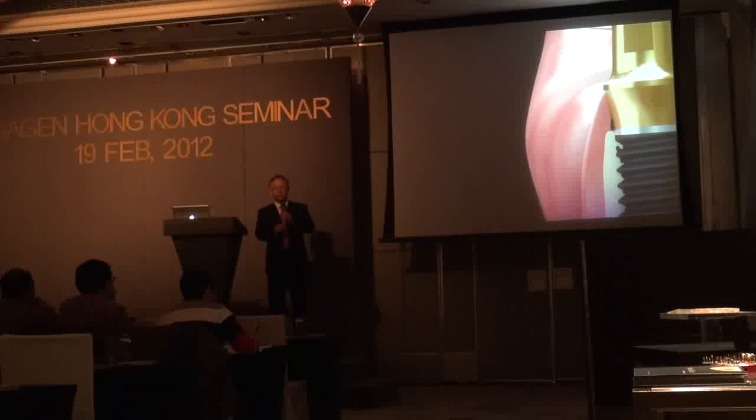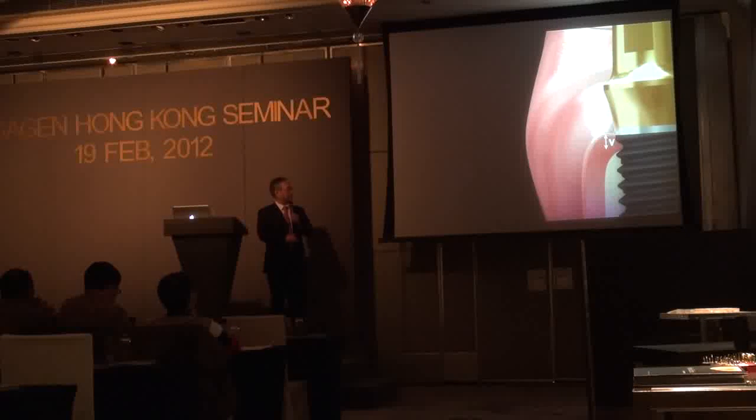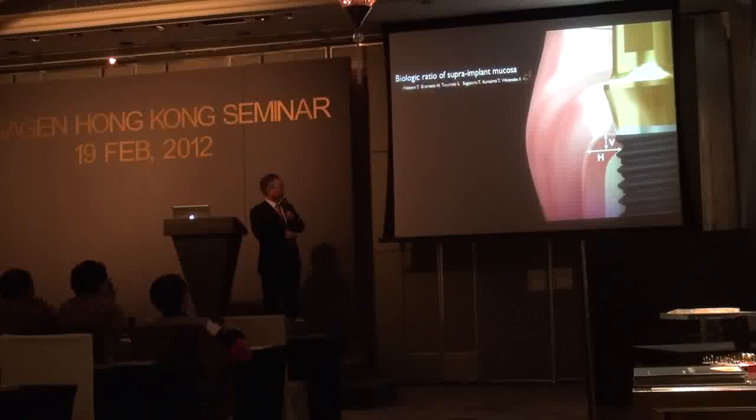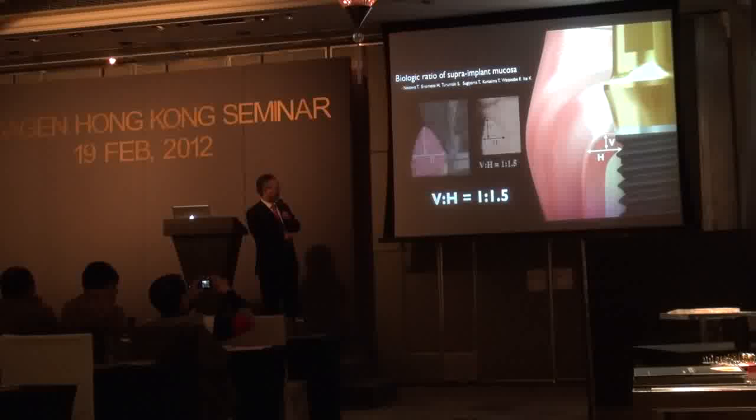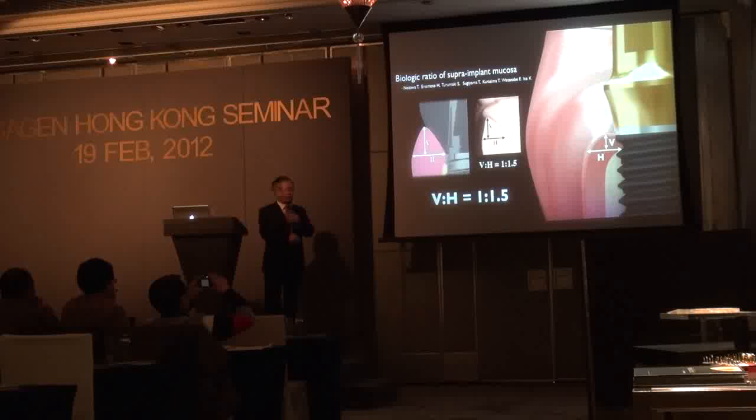Even when we use some surgical techniques to make very aesthetic gingival lines at the beginning, it cannot be stable in that position. Just with time, it will go down and down until it has proportions of 1 to 1.5, as Nozawa's group mentioned.